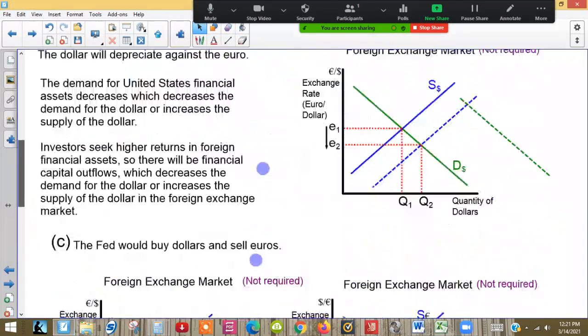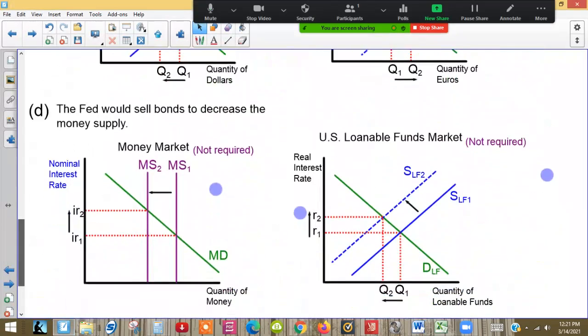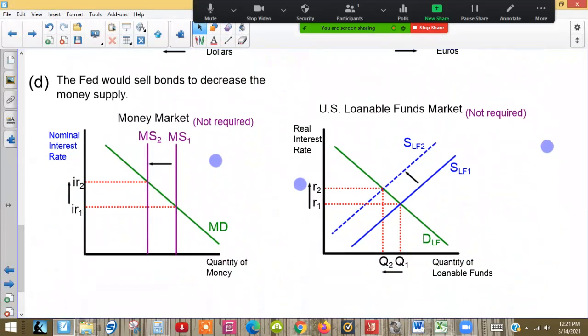So the Fed is going to sell bonds in order to decrease the money supply, in order to decrease the supply of loanable funds in the loanable funds market, which pushes the real interest rate back up. Okay, that's it for question 2.